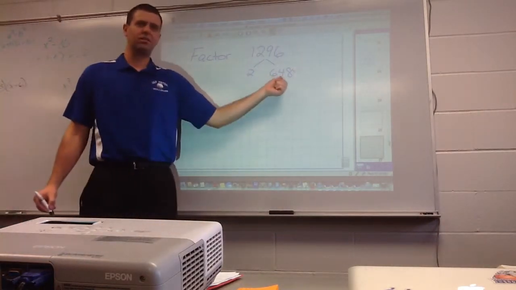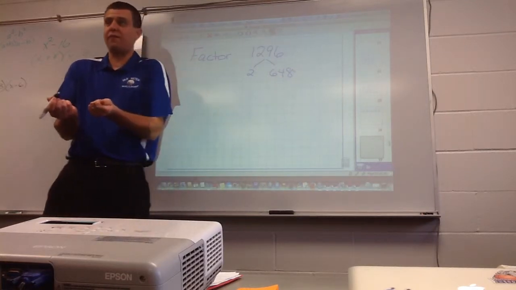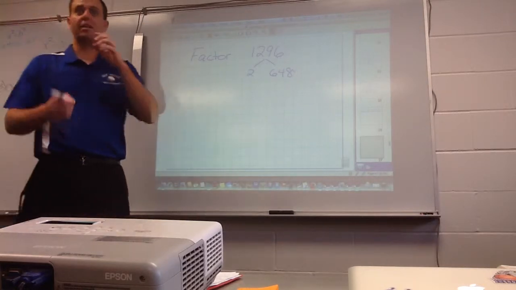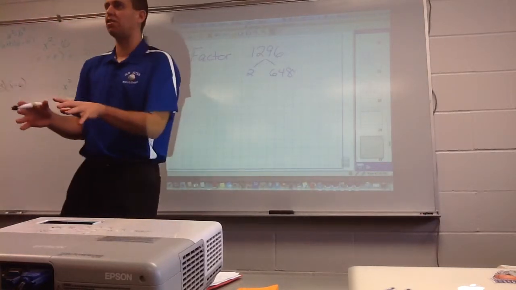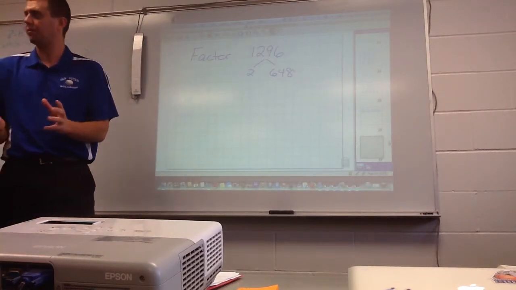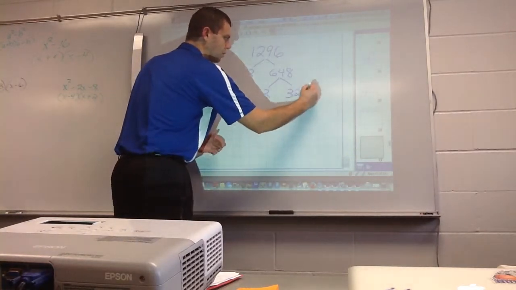Do you know all the factors of 648? No, but you know 2 is again a factor because it's an even number, so you could divide by 2 again and keep going until you get down to small numbers that you can actually work with. So you can divide by 2 again, you get to 324.